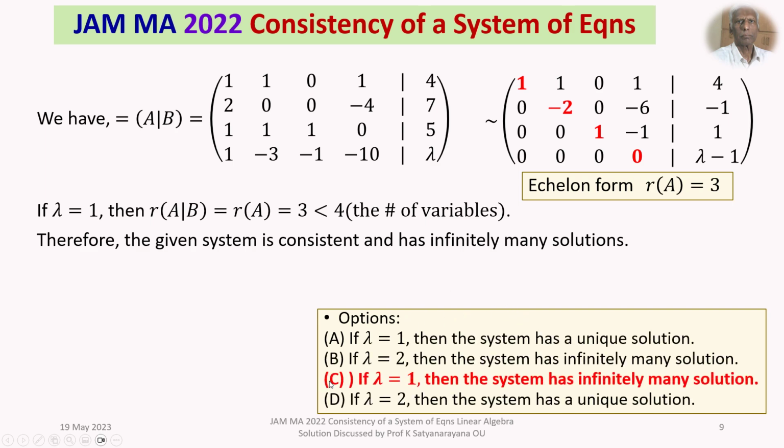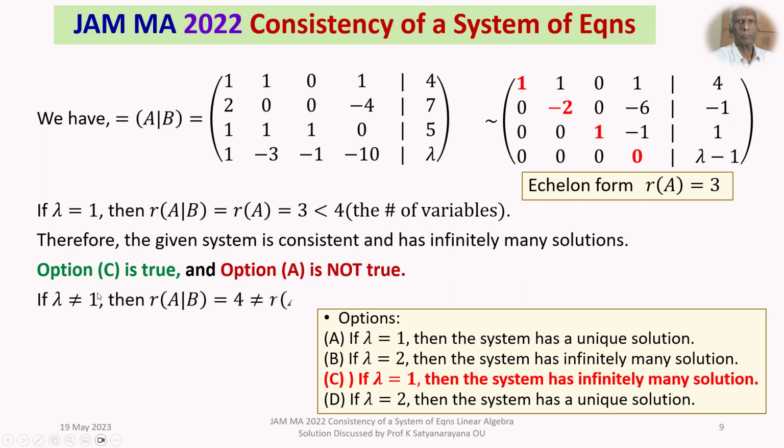In option C, we have if lambda is equal to 1, then the system has infinitely many solutions, which is true. So, option C is true. And if lambda is equal to 1, then the system has a unique solution is obviously false. Therefore, option A is not true.